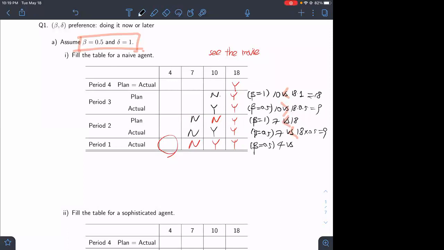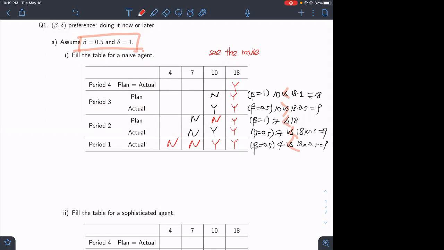This was 18 times 0.5, which is 9. Long story short, 9 is better than 4, so he will say no here.